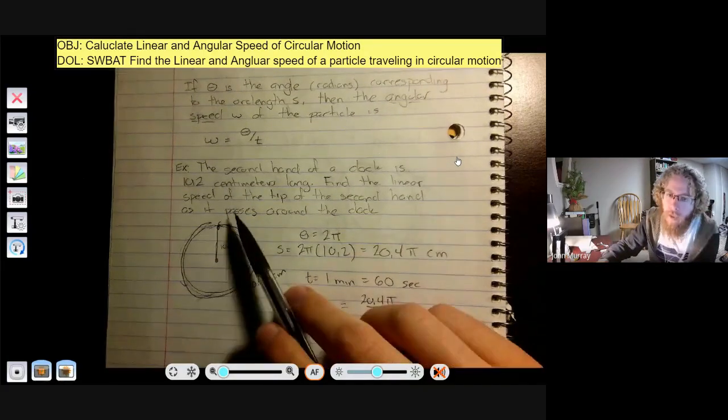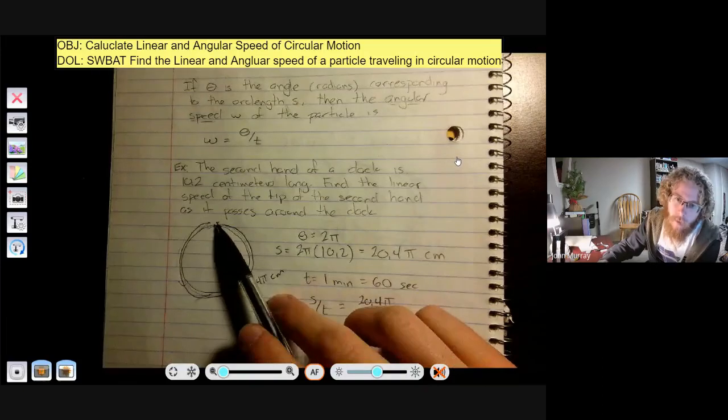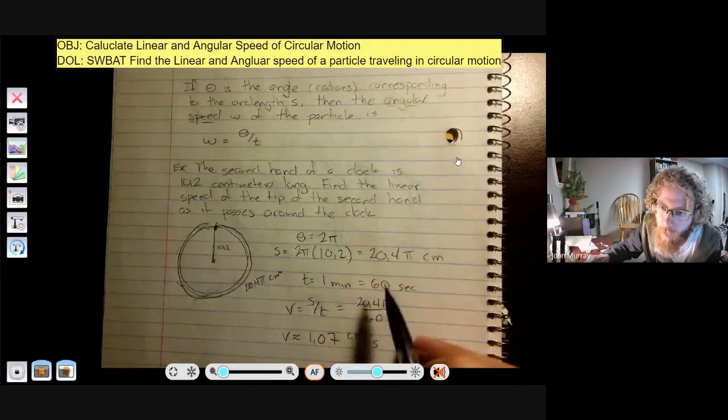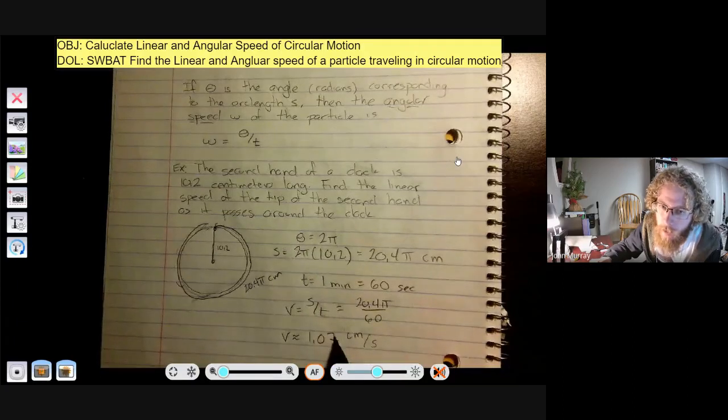So if we had a shorter second hand, if I maybe took half of that, I would be cutting this in half, which would cut this in half.